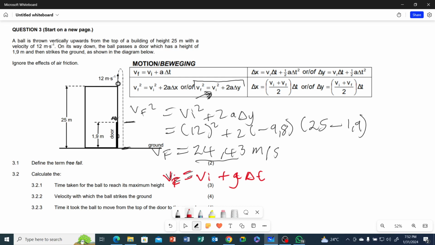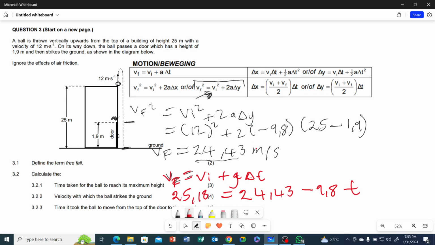On final, it is the velocity that I got on the previous answer, which is 25.18, equals, now I'm substituting the velocity we got above the door, which is 24.43. Gravity is negative, so it will be negative 9.8 times delta t, which is unknown.